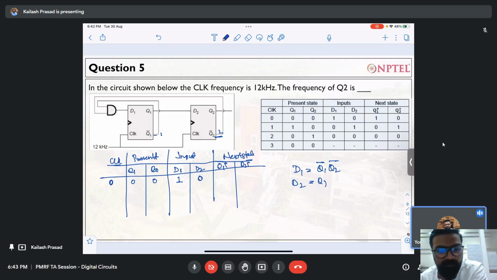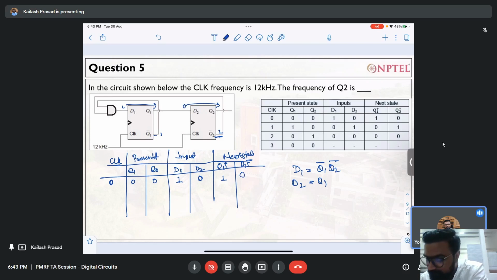Now what will be the next state? d1 goes to q1, so q1 plus will be 1, and the 0 goes to q2, so that will be 0. So this is the next state.